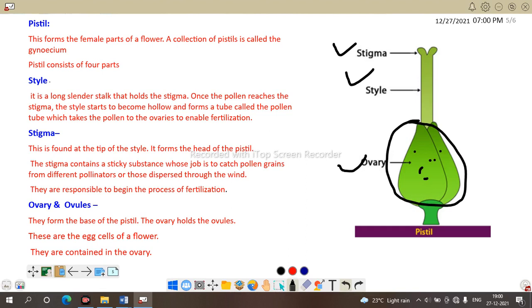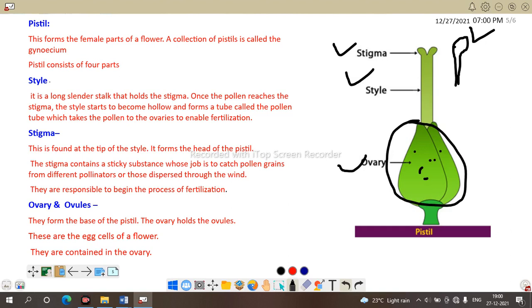The stigma consists of a sticky substance whose job is to catch pollen grains. These stigmas are of different shapes also. It is bifurcated. Some stigmas look glandular, and this one looks like this type. It is called glandular. Here in the photographic image the stigma is bifid. So the surface of a stigma contains sticky substances for the purpose of catching the pollen grains.